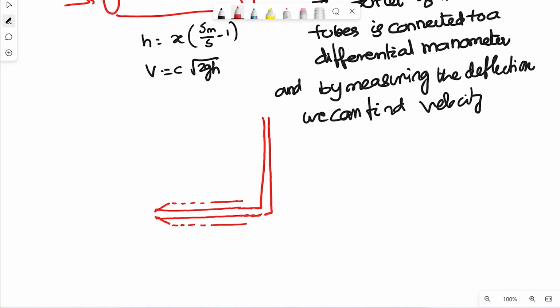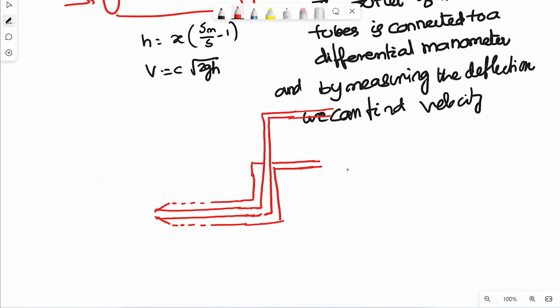The outer tube goes like this, right? So this is the outer tube and this is the inner tube. These are the two tubes. So this is outer, this is inner.